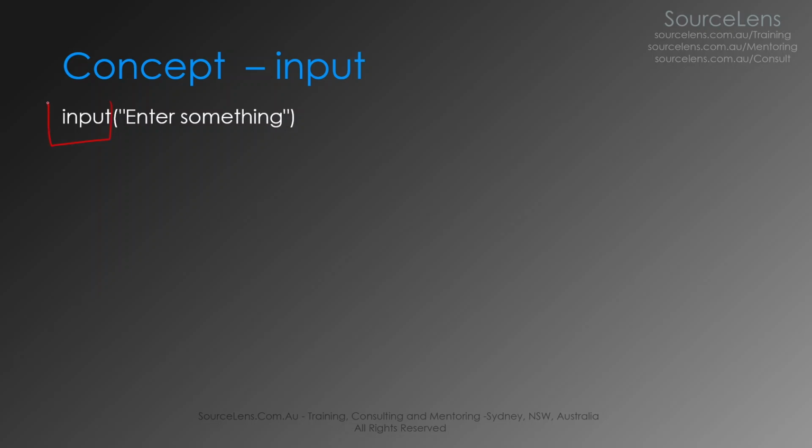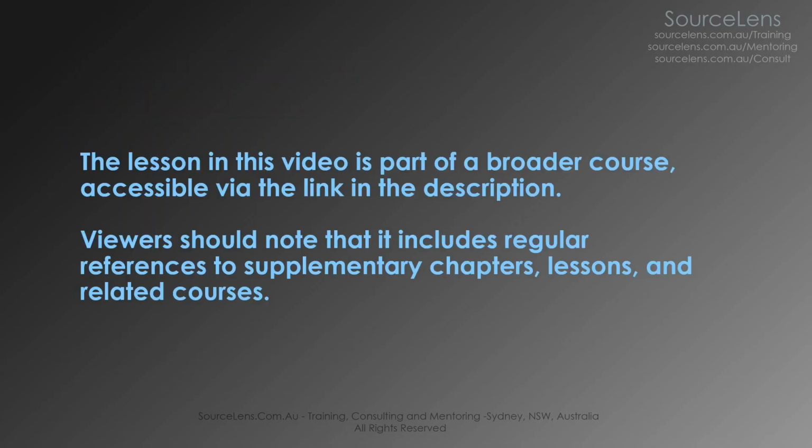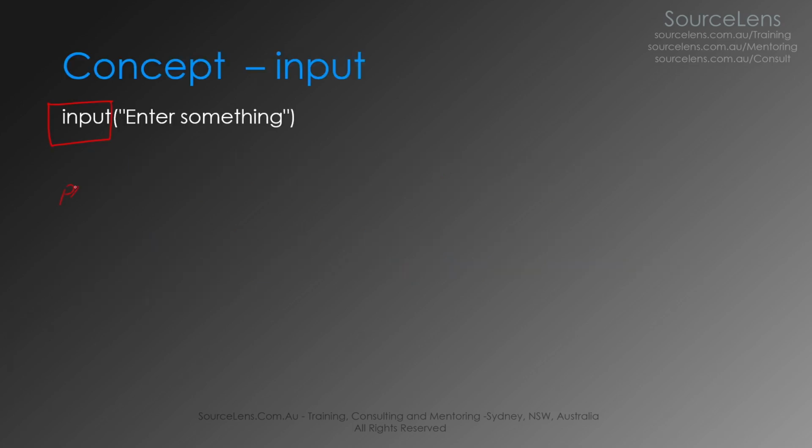We have already seen input in one of the demos, but we didn't explain what it was. So print is giving output from the program. So the program is here and the monitor is here.